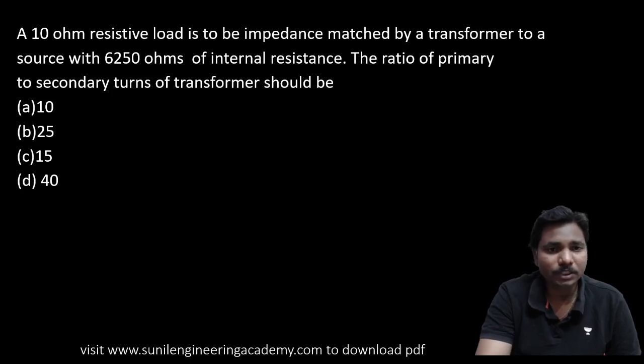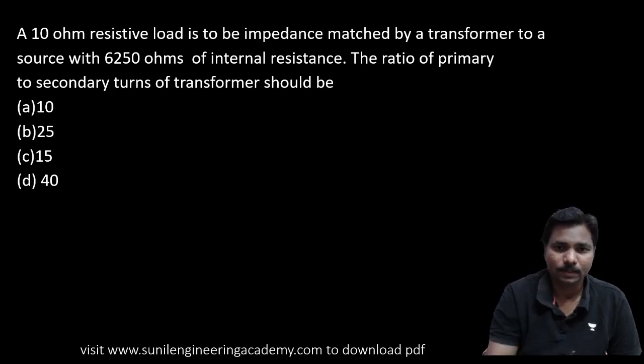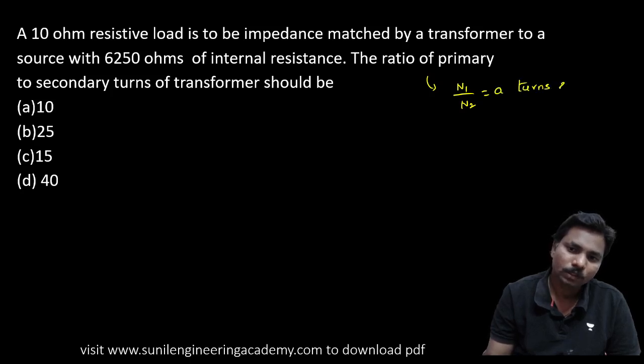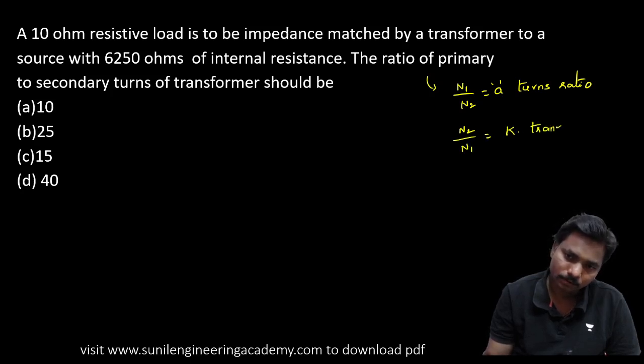A 10 ohm resistive load is to be impedance matched by a transformer to a source with 6250 ohms of internal resistance. The ratio of primary to secondary turns, N1 by N2, that is nothing but the turns ratio. Don't confuse, guys. N1 by N2 is the turns ratio, and N2 by N1 is the transformation ratio.